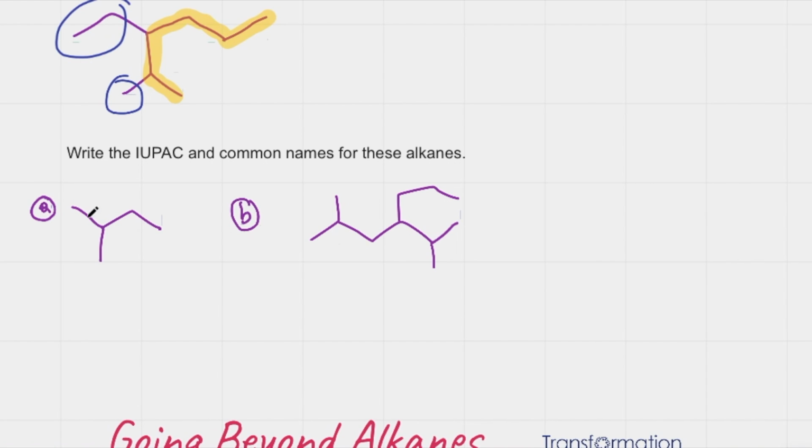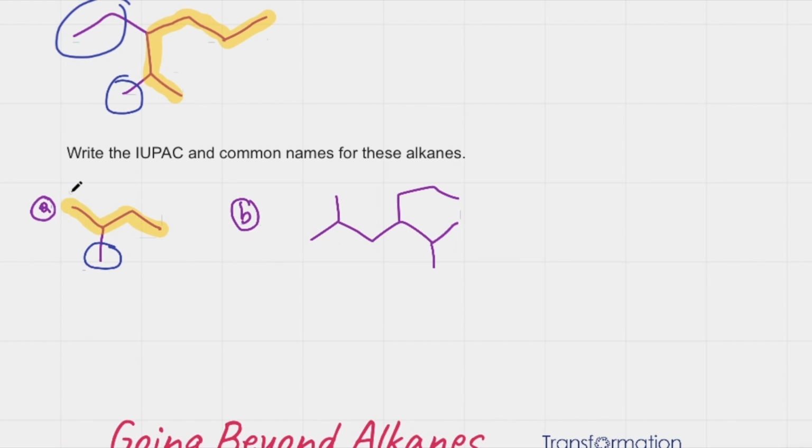The first one, let's look at example A. First, again, we have to find the longest continuous carbon chain. 1, 2, 3, 4. So the longest continuous carbon chain here is this. Next, we number from the end closest to the substituent.